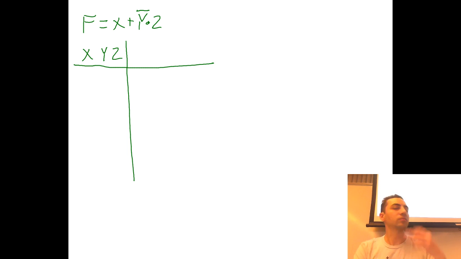I can also represent it with a truth table. All I have to do is list x, y, and z, and I have to list all the combinations. Sanity check here. I have three variables. Each of them can be 0 or 1. How many combinations will I have? 2 to the third is the correct answer.